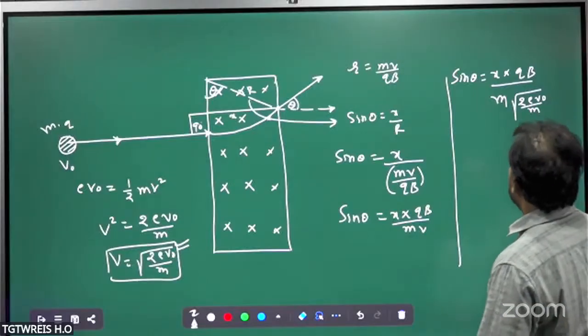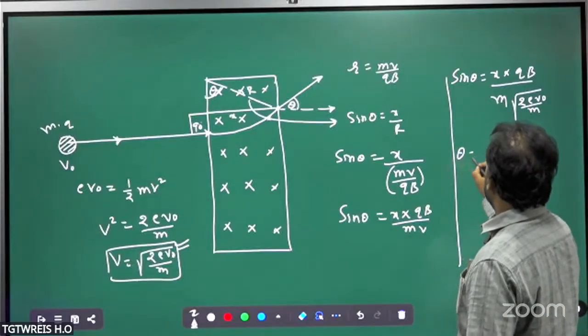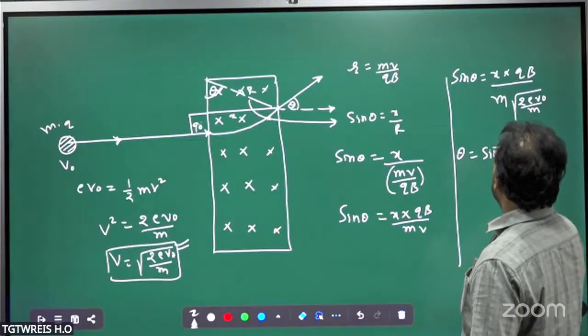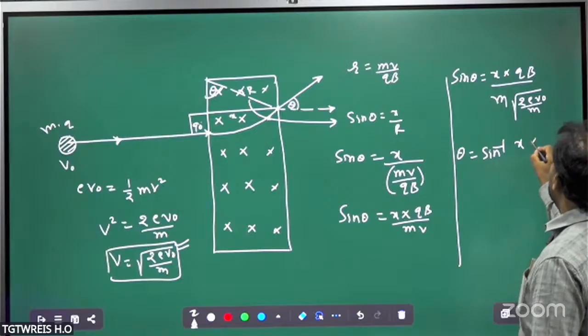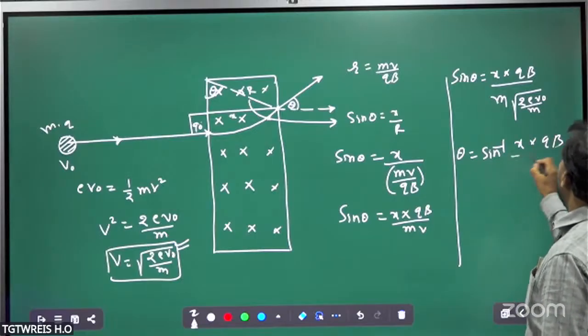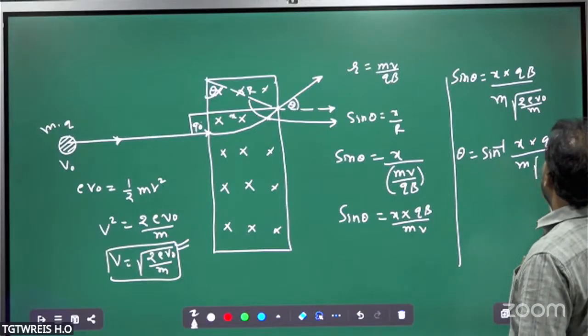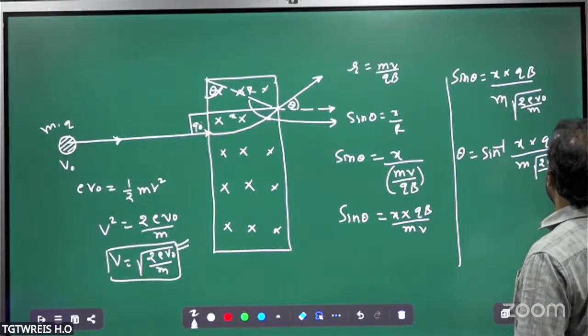So theta is equal to sin inverse of x into qB upon m into root over 2eV0 upon m.